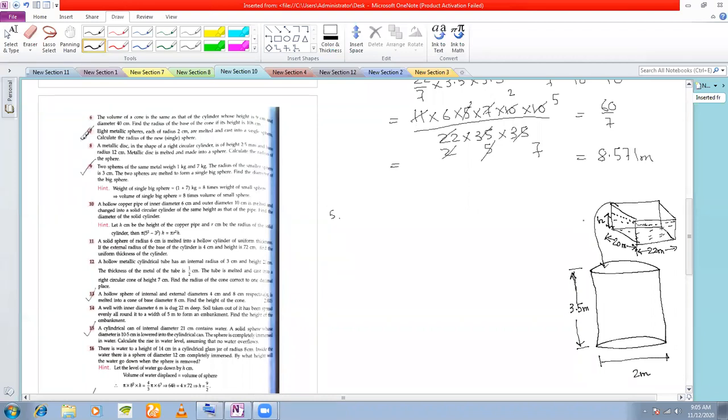Okay, so what is the volume of water in the roof? Let H be the height of water collected in the roof.